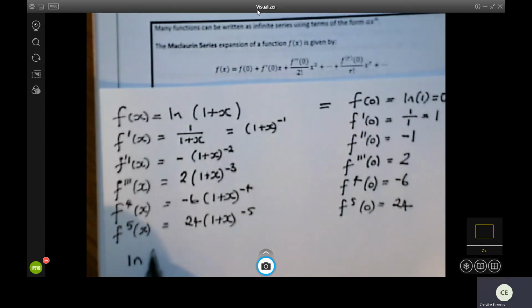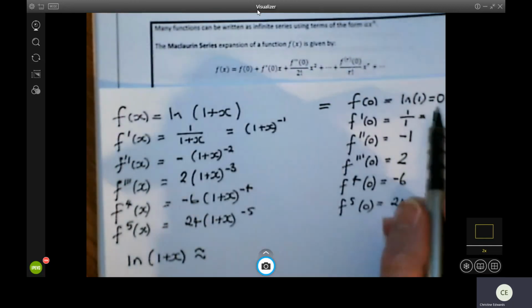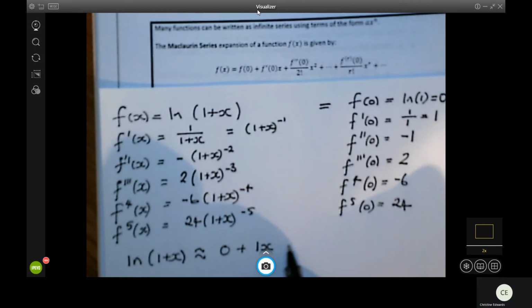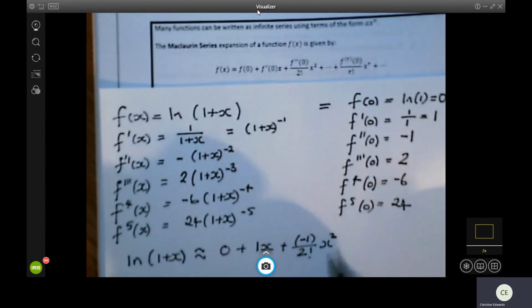So we have the log of 1 plus x, our original function, and it's going to be approximately equal to f of 0, which is 0, plus the first derivative times x, and the second derivative is going to be minus 1 over 2 factorial x squared.